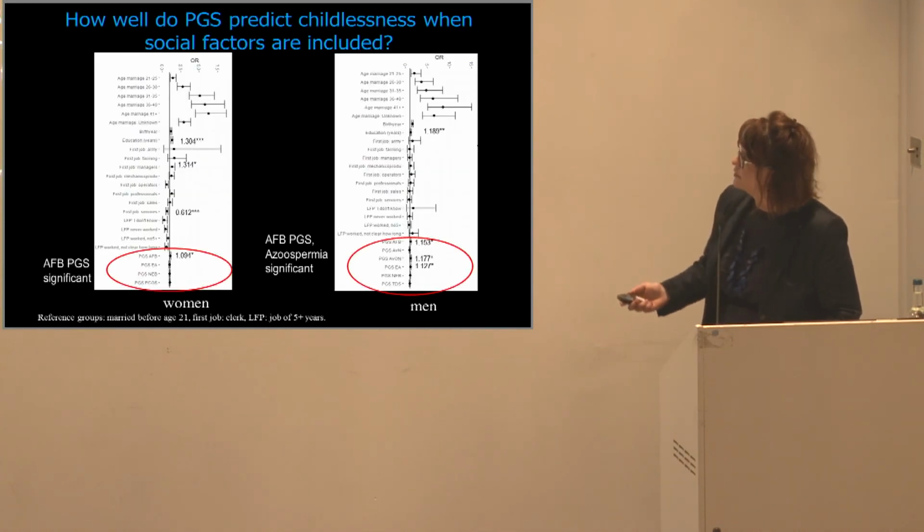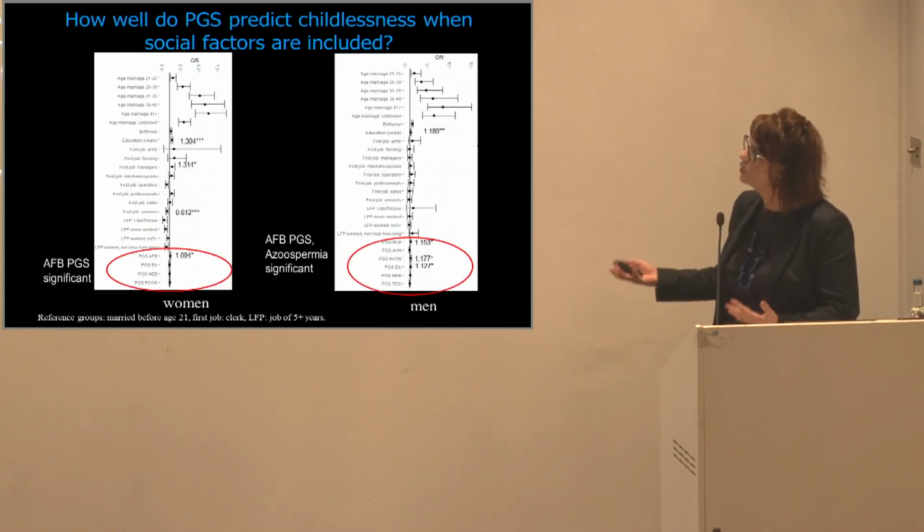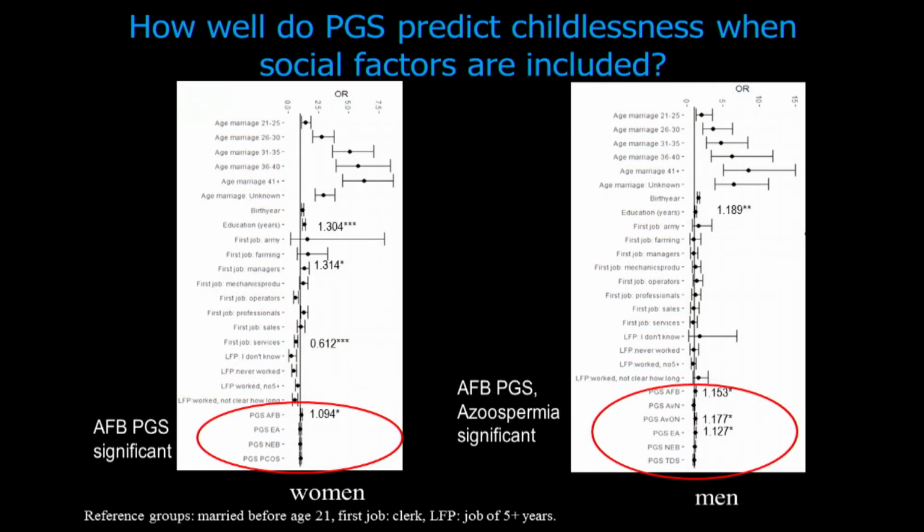Sorry about the size, but the main thing is when you include them, this is for women and this is for men. This is for the Health and Retirement Survey, but it's replicated in the Wisconsin Longitudinal Survey. And you find what you would expect, that education is a predictor of childlessness, as are some of these occupational factors. We know this.